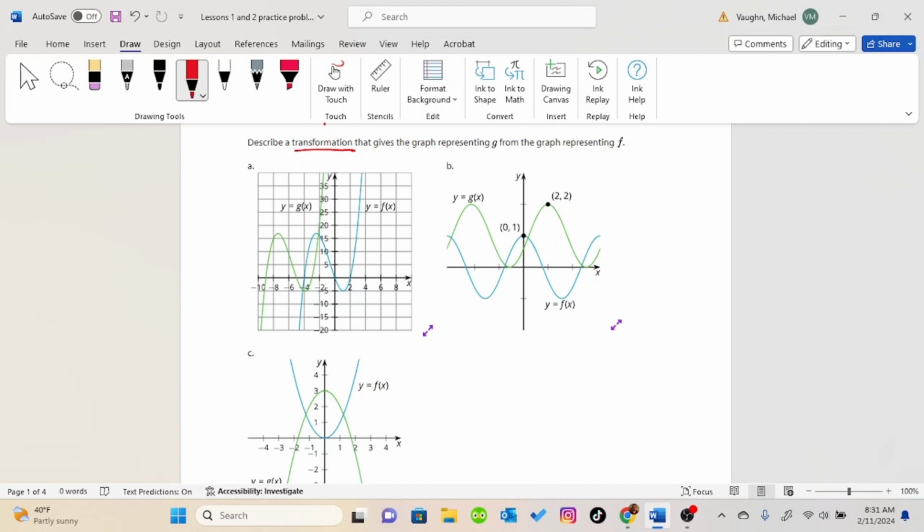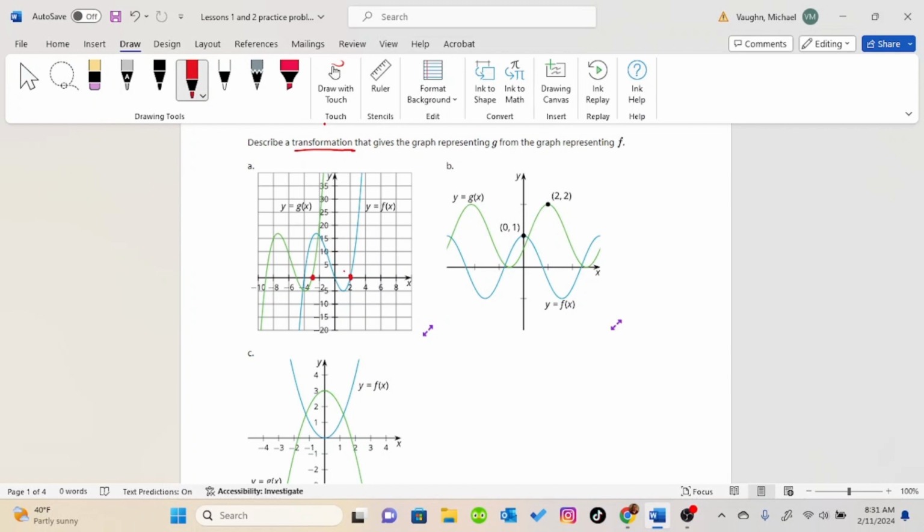So what you want to do is find two easy to identify similar points. So what I might choose is this point right here, the x-intercept at 2, and then it looks like it corresponds with this point on G where the x-intercept is -3.